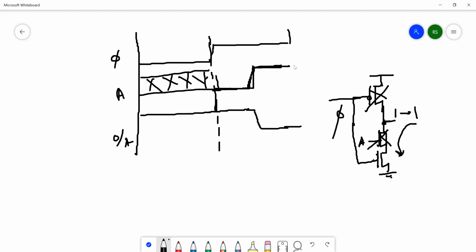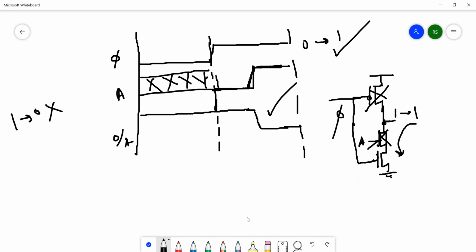And this will stay discharged till the next pre-charge phase. So this is okay. 0 to 1, okay transition. 1 to 0, not okay transition, because we saw in the previous example, with a 1 to 0 transition, the output is not correct. So basically that is one problem with dynamic circuits. The 1 to 0 transition is not allowed for the input during the evaluate phase.